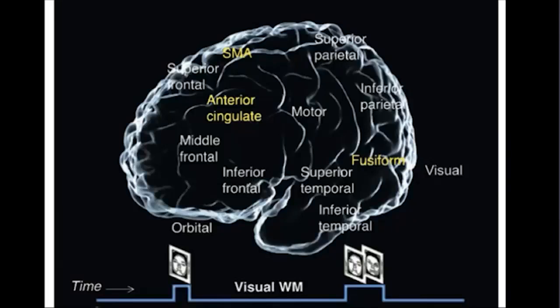They are labeled yellow to discriminate them from the areas that are in front or on the outer side of the brain. Okay, let's see how different parts of the brain could get engaged in this task.